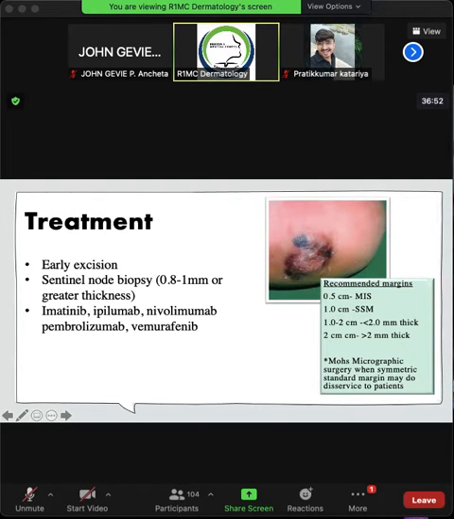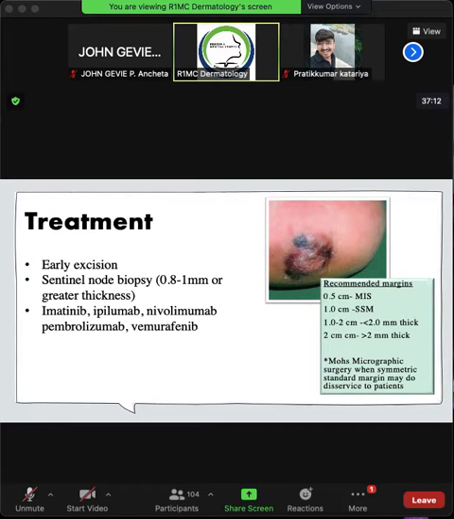Anyway, for the treatment, early excision remains the most important determinant. And for your sentinel node biopsy, this should be discussed with patients whose melanomas are 0.8 to 1 millimeter or greater in thickness.